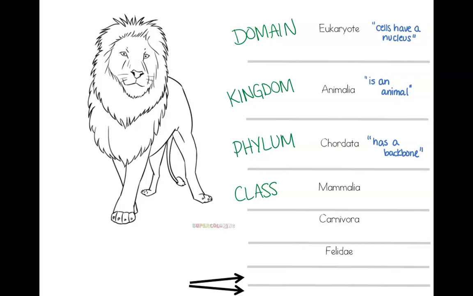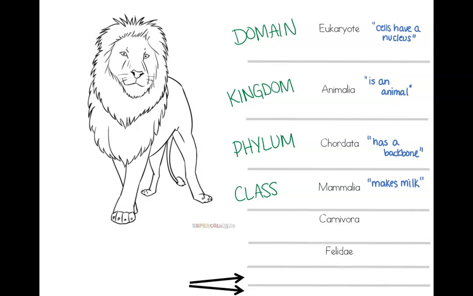Now, this one, kind of like its kingdom, sounds like a word you might recognize, mammal. And that is because mammals are the only animals with a backbone that are able to make milk. All right, so mammals make milk, and that's what makes them unique from all of the other chordata, animalia, eukaryotes.